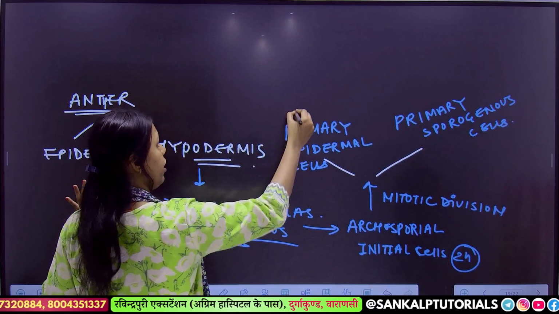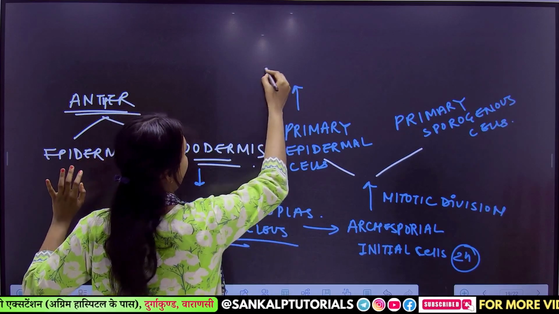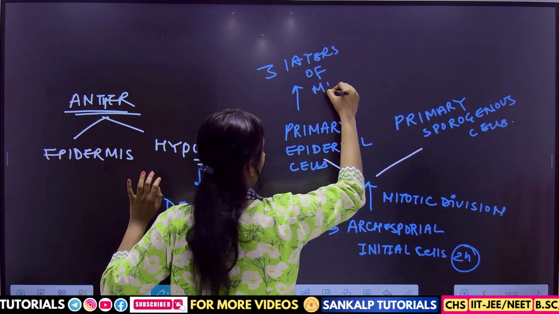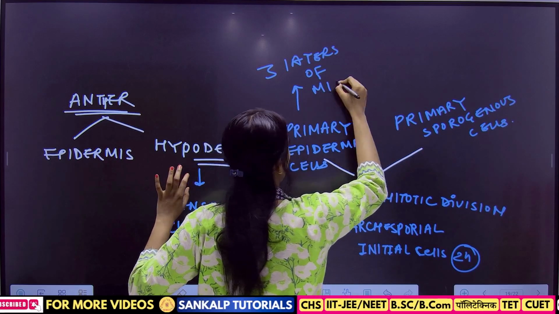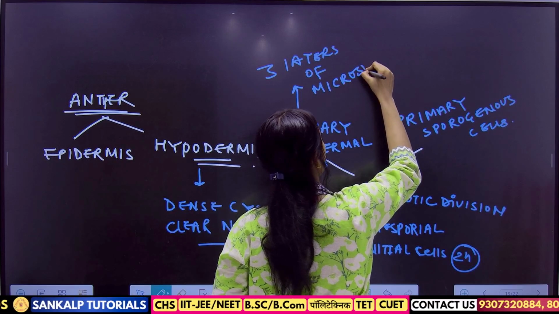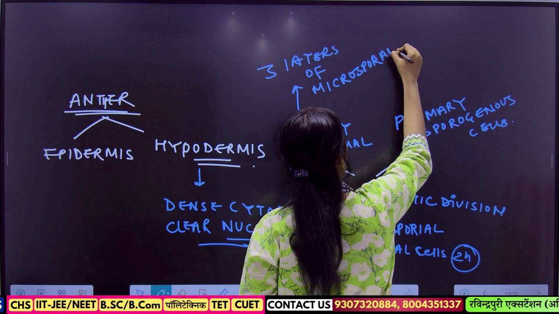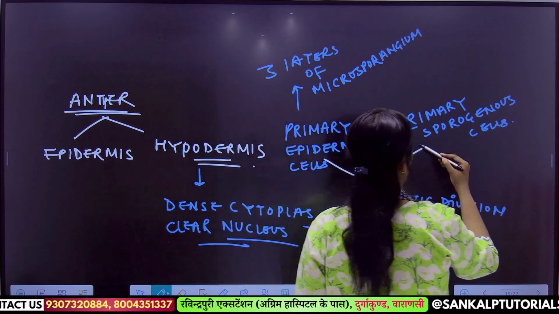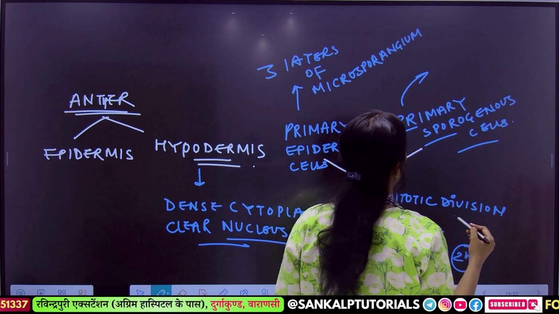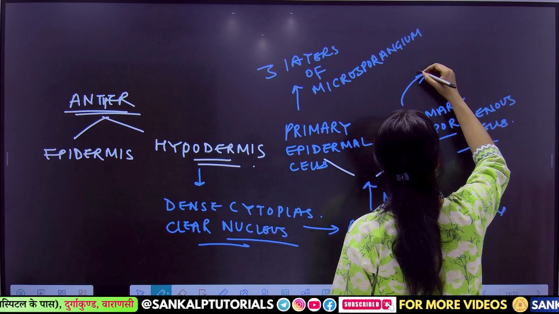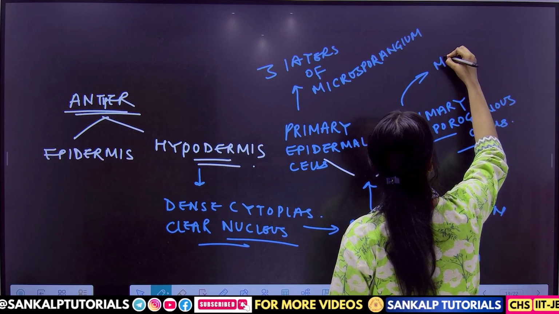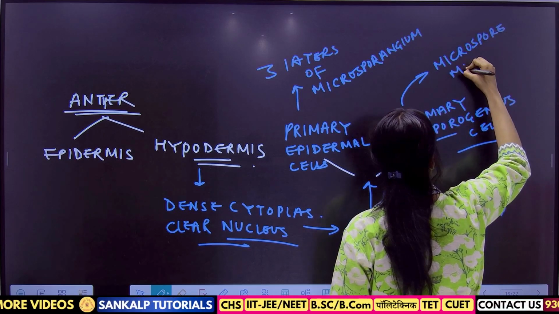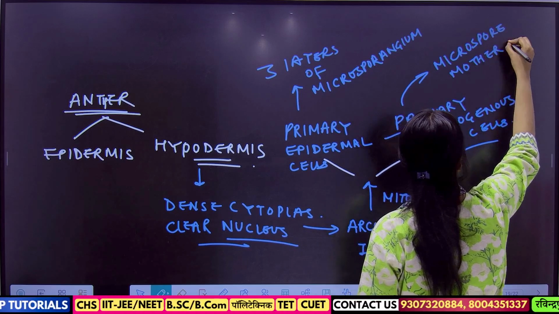These epidermal cells further give rise to three layers of the microsporangium, and these primary sporogenous cells divide again and form microspore mother cells.